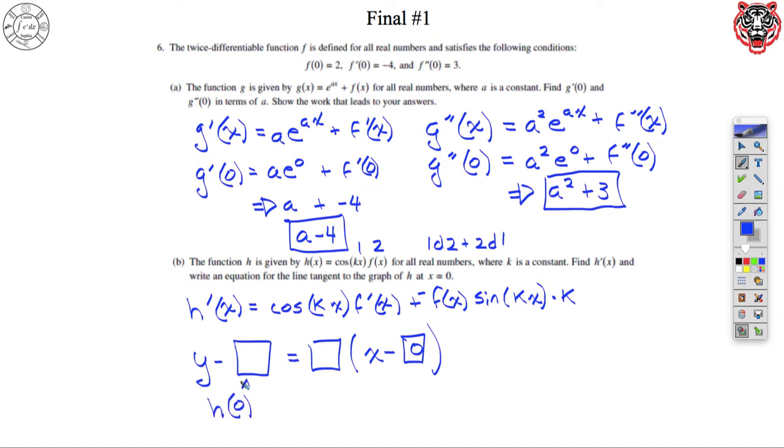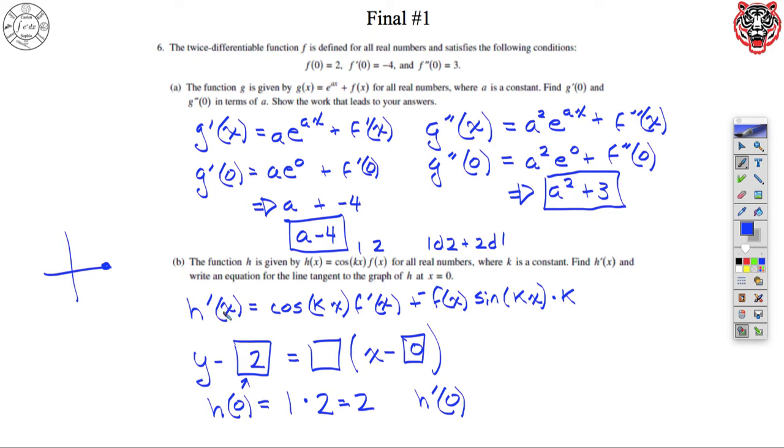H of 0 is going to be cosine of 0 times k times 0. Cosine of 0 is 1. If you don't know why, that's the angle 0, and it's the x-coordinate because it's cosine, so it's 1. So it's 1 times f of 0. F of 0, it tells us up here, is 2. Perfect.